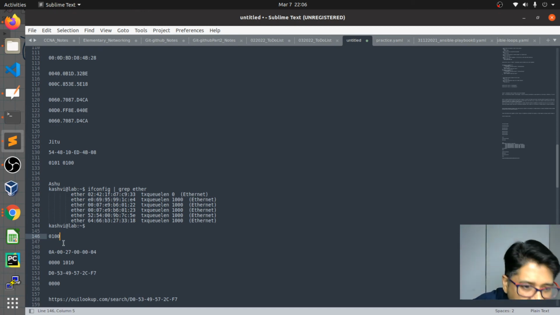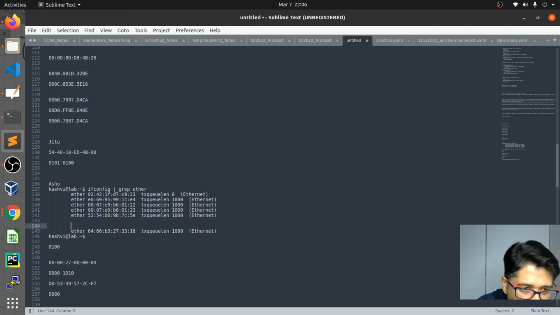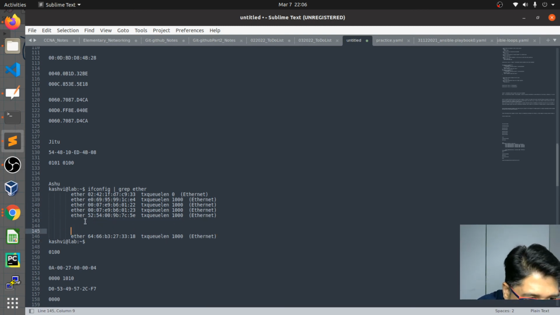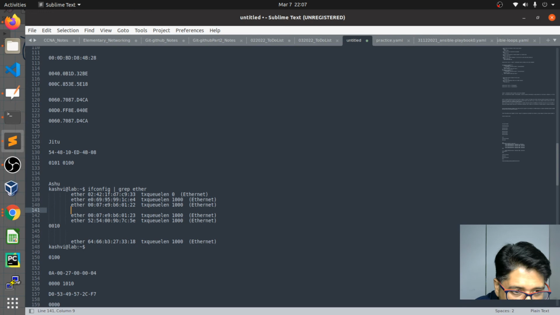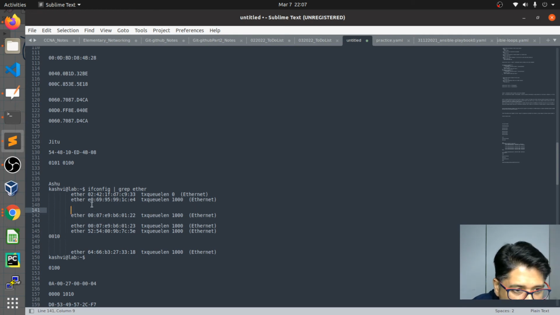If I take the second one like this, 5 and 2, 2 I have to define bitwise. So 2 will be 0 0 1 0. That means it is local unicast. Then right now we have E0. If you see this one, E0, again all the zeros means global unicast.